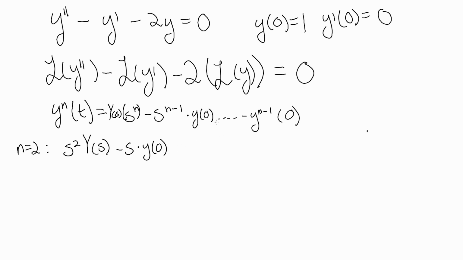And we'll go straight to the end. We don't have any more terms there. Minus y to the n minus 1. This is just denoting a derivative. This is not actually an exponent, as opposed to the s's, which actually have exponents. So this is y prime, because 2 minus 1 is 1.